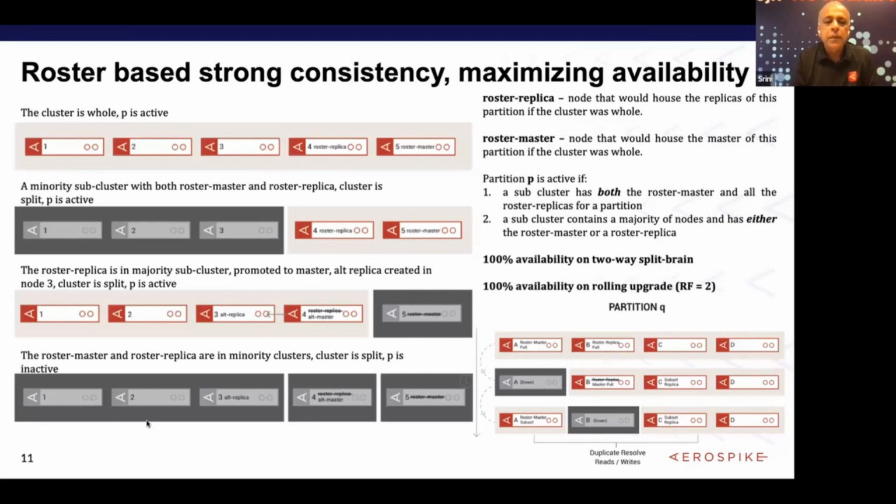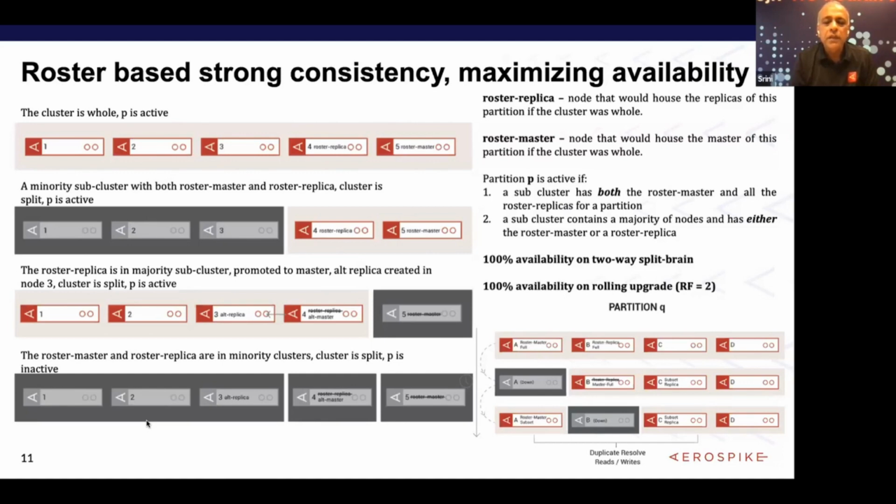When the cluster splits into a cluster of nodes 1, 2, and 3, and another cluster of nodes 4 and 5, this partition P, based on the rules that we have, contains both the master and the replica. This is a two-copy system, and there is no other data for this partition in any of the other 3 nodes. So this particular partition stays alive for both reads and writes with strong consistency in the smaller subcluster, which is nodes 4 and 5.